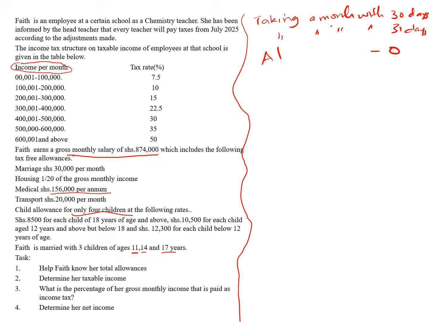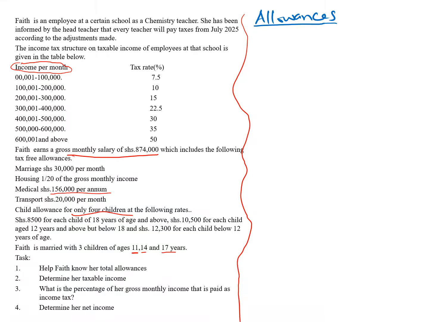Maybe I can take off this, and now here we are going to find the allowances. And here we shall come and say allowances first, because it is asking us to find allowances.